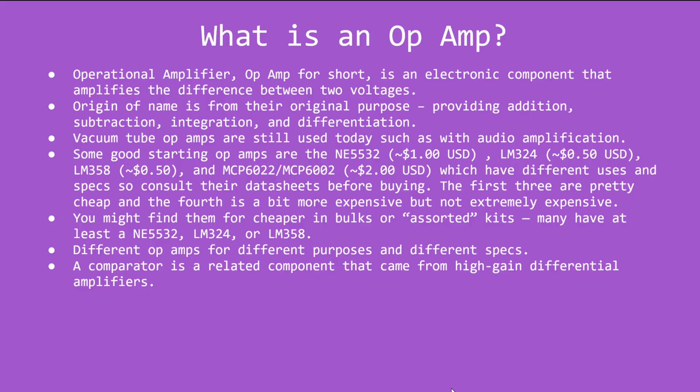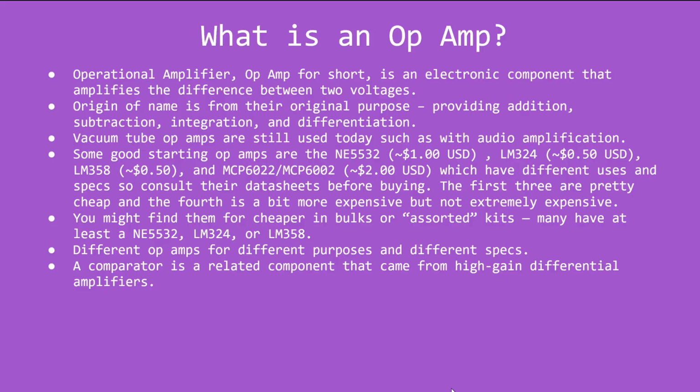While op amps began their life as vacuum tubes, they eventually moved into other implementations, such as integrated circuits, although in this case, vacuum tubes are actually still being produced and used for things such as audio amplification.